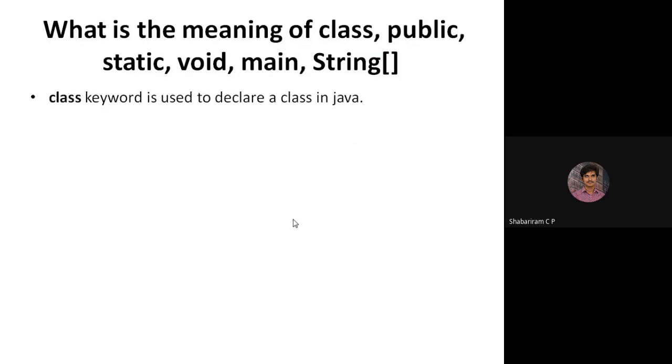Okay, so what is the use of the keyword class? The keyword class is used to declare a class in Java. If you want to declare your class, you must use the keyword called class. Here Simple is the class, so we have used the keyword called class.